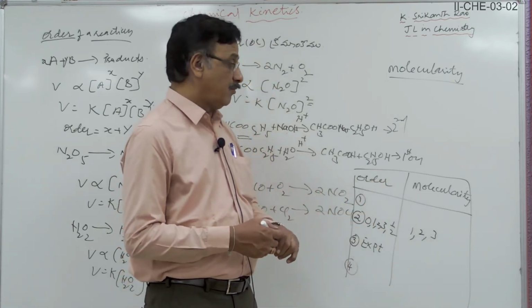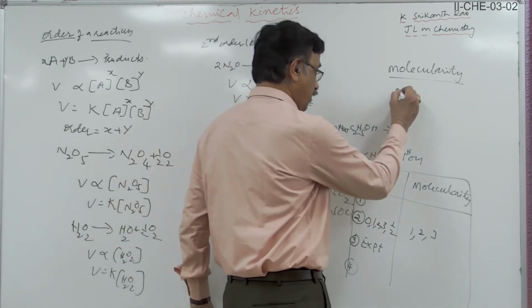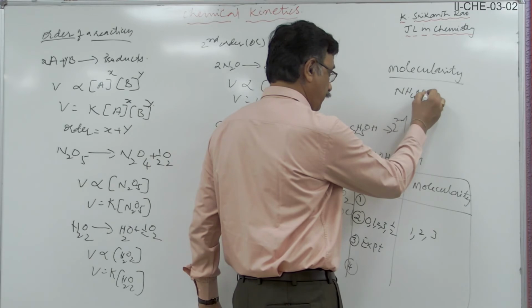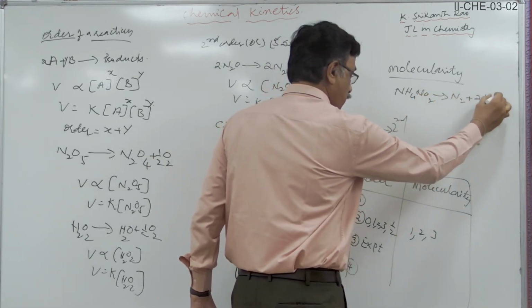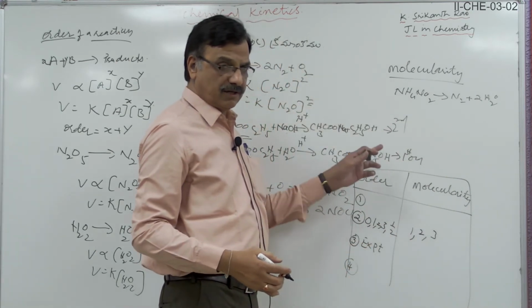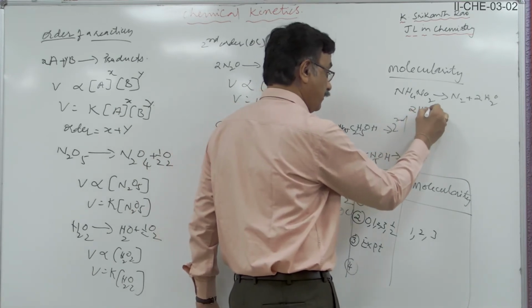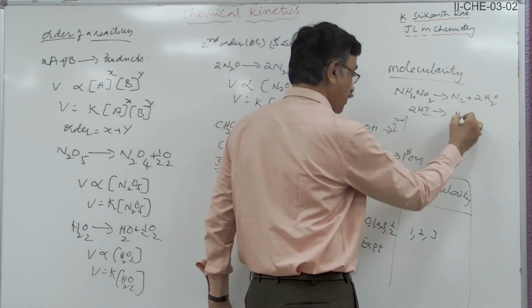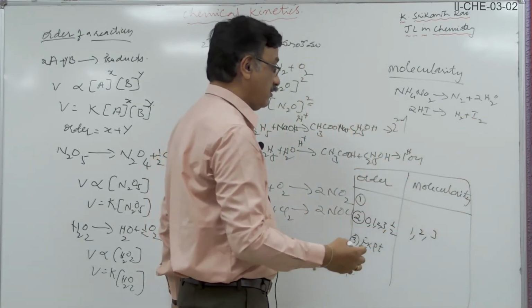Right? The molecularity example we can give: ammonium nitrate NH4NO2 decomposed to give N2 plus 2H2O. ఇది ఏక అణుత రియాక్షన్, ఏక అణుత చర్య. Right? Similarly 2HI giving rise to H2 plus I2. ఇది ద్వి అణుత చర్య.